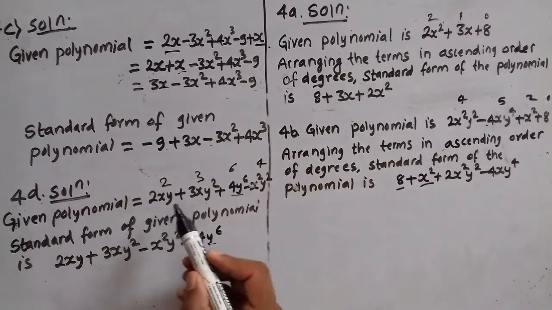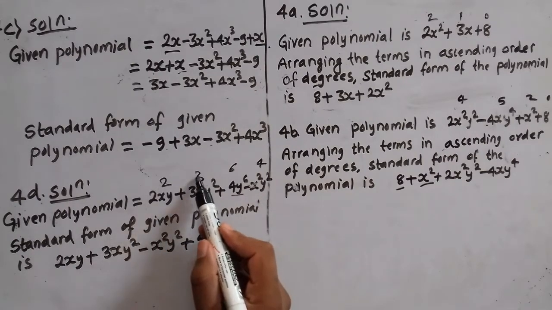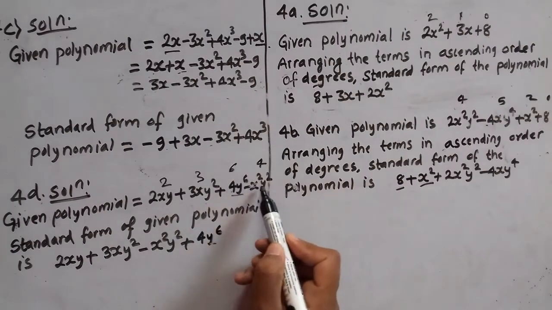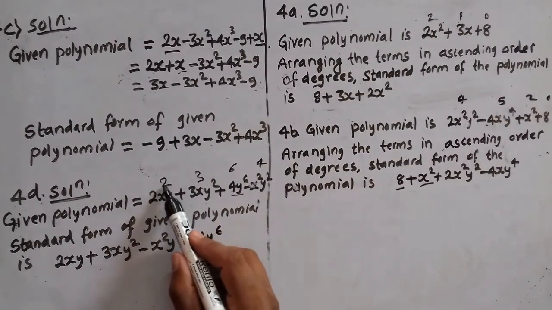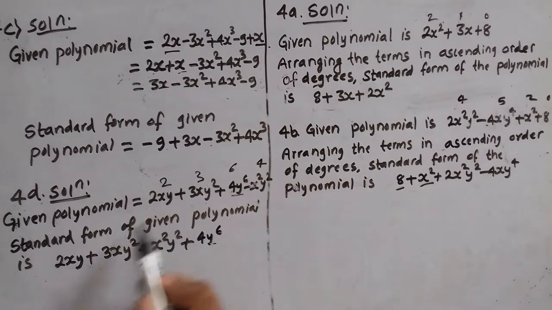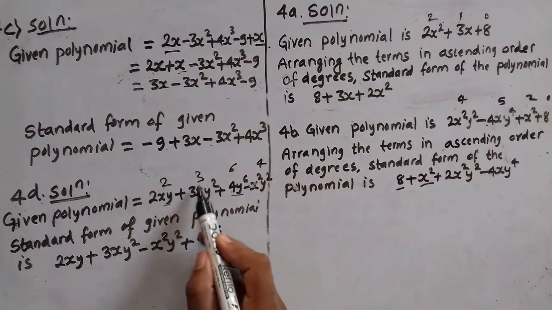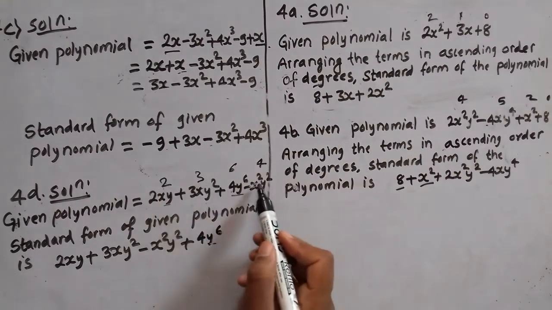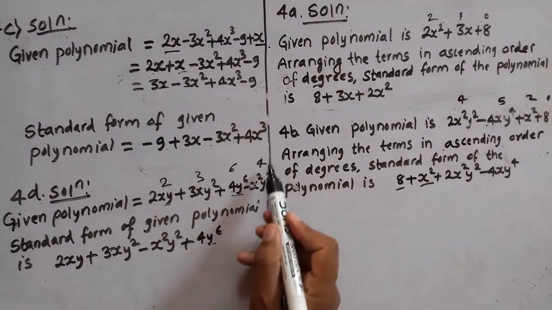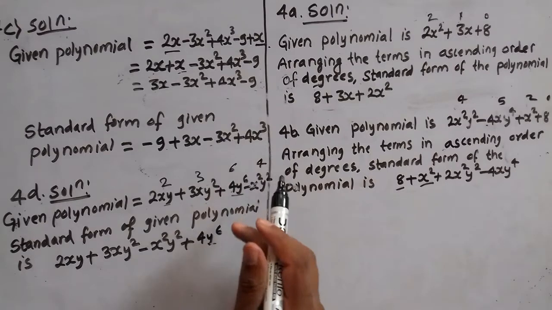Similarly, in 4d, the given polynomial is this, and it has degree 2, it has degree 3, 1 plus 2, 3, here 6, here 2 plus 2, 4. So the list is 2. At first we write 2xy containing degree 2, then 3x square containing degree 3, then minus x square y square containing degree 4, then 4y6 containing degree 6.